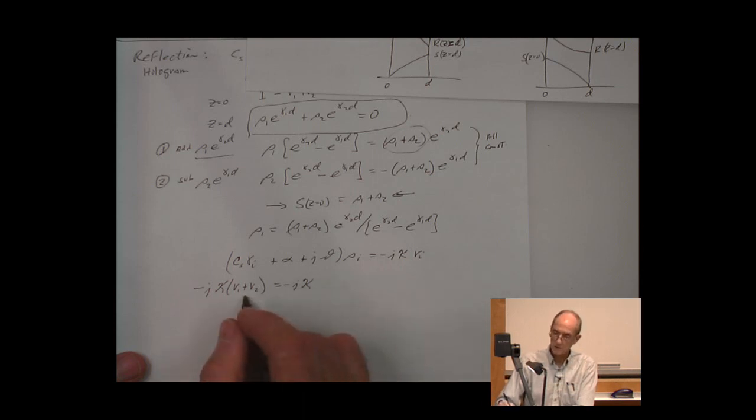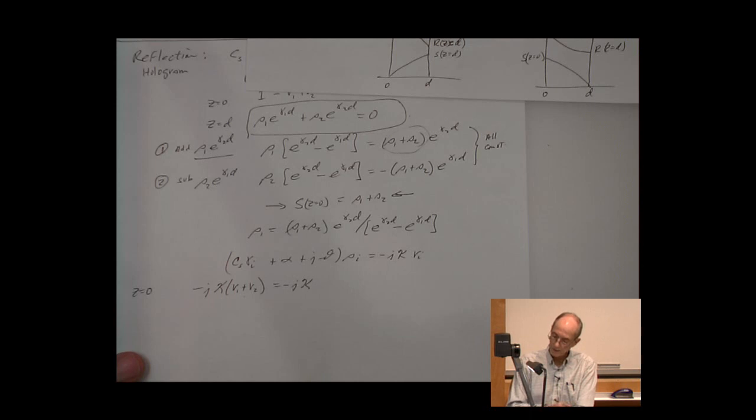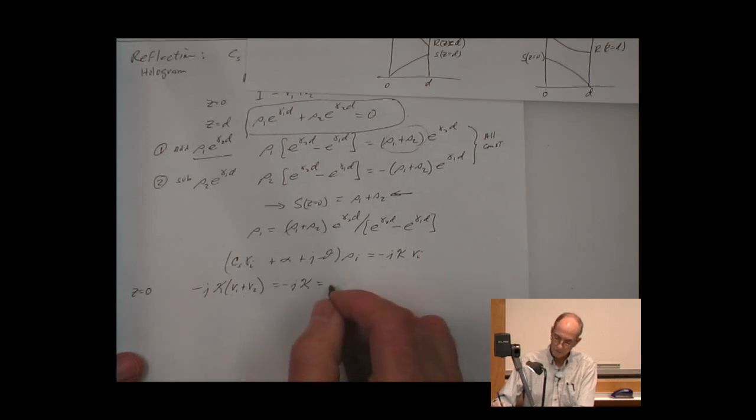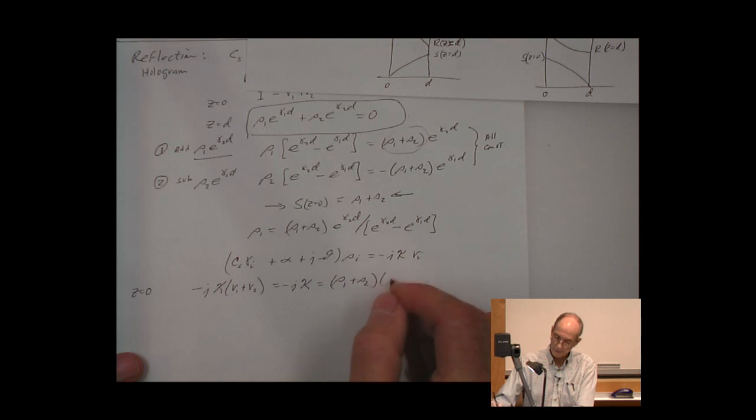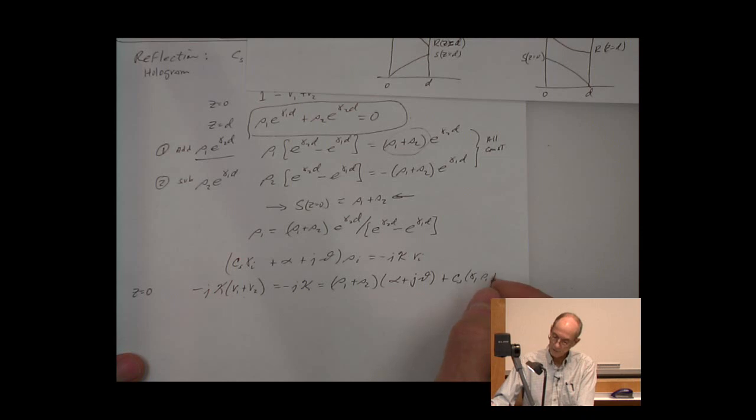Because R1 plus R2, again, this is at z equals 0, all right? And so R1 plus R2 is just equal to 1. And this then is equal to S1 plus S2 times alpha plus j times the detuning parameter plus c sub s times gamma 1 S1 plus gamma 2 S2.